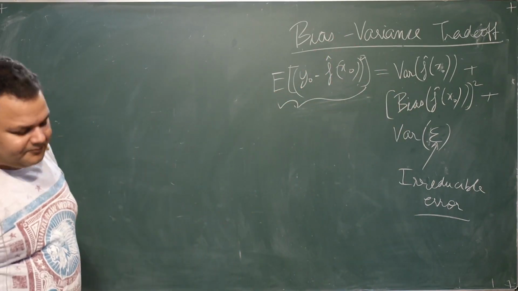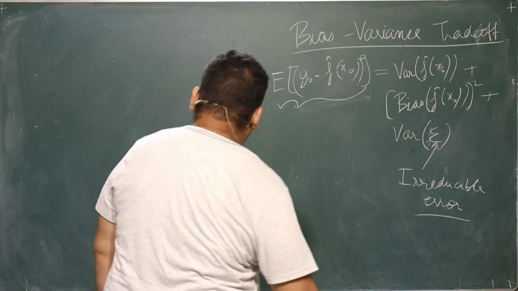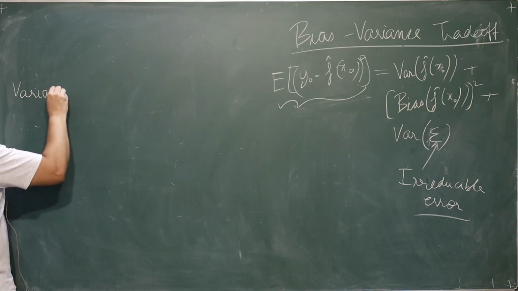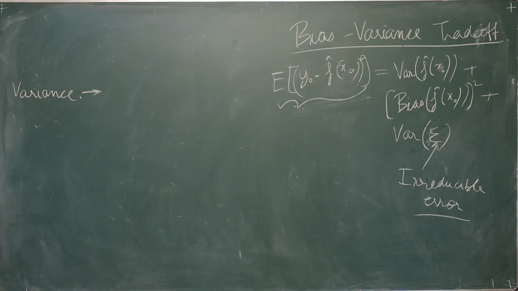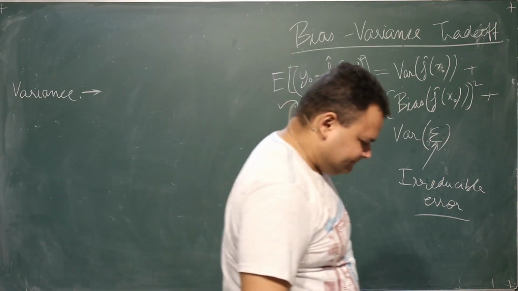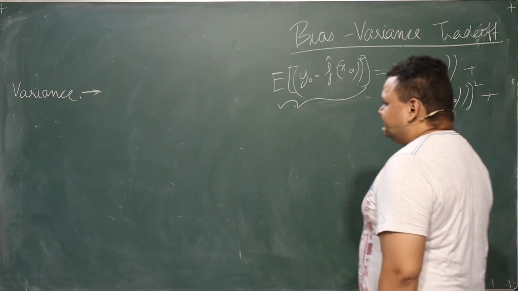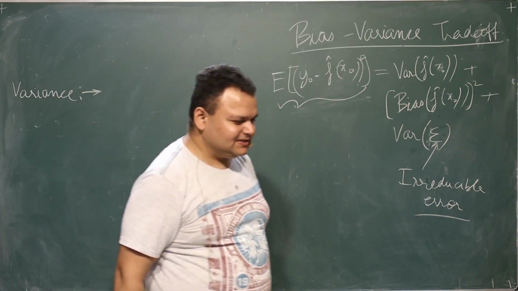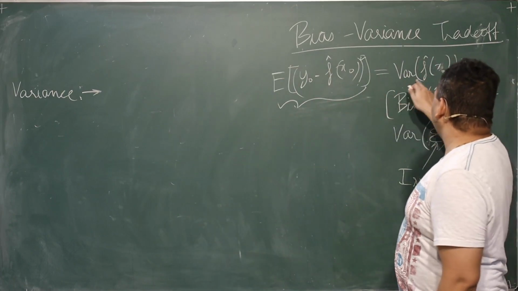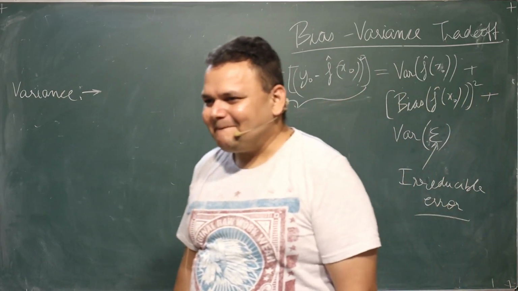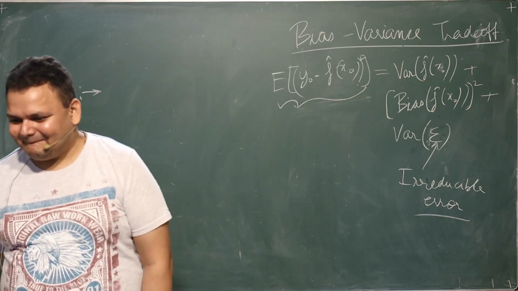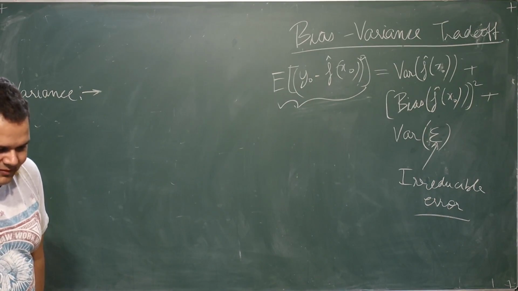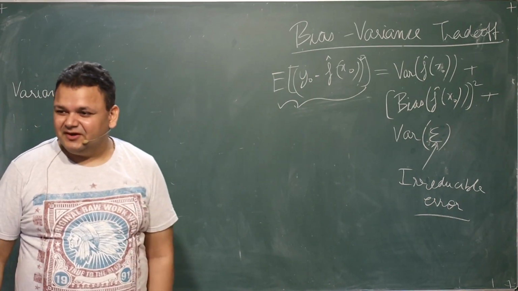Okay, so what is variance? How do you define variance? Any idea? In this particular case, when we're talking about variance of this function, in general variance is how spread out the data is. Yeah, but in this case we are talking about a specific function.